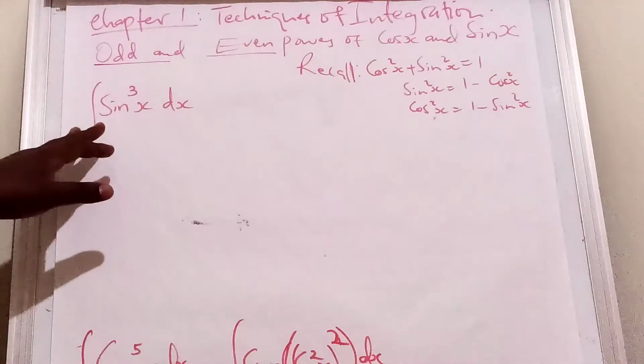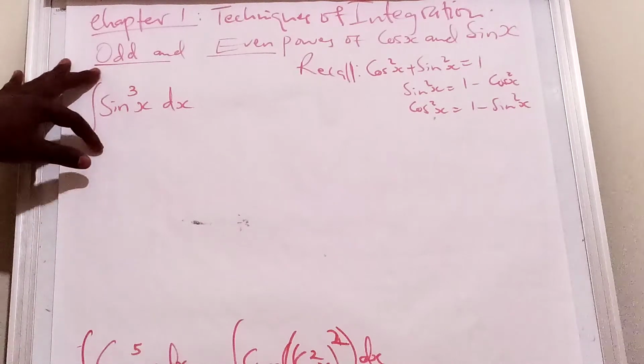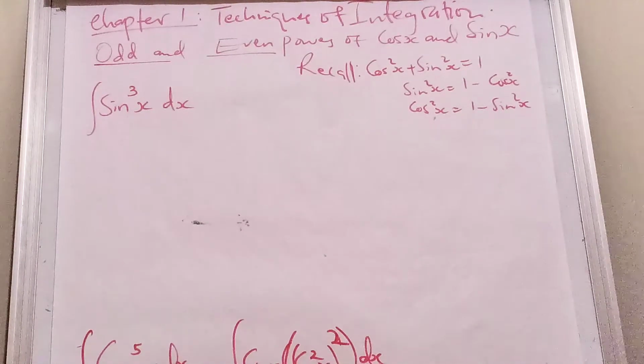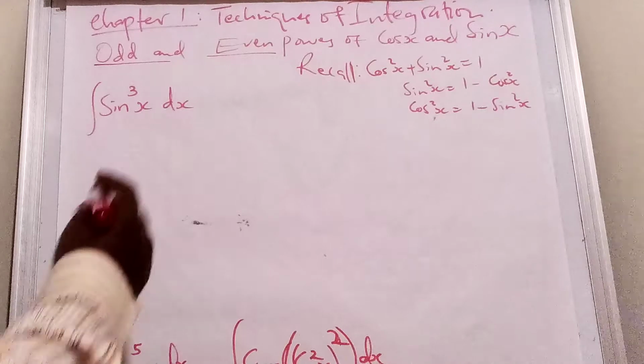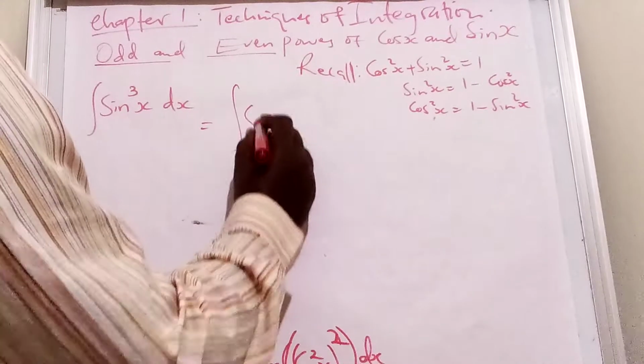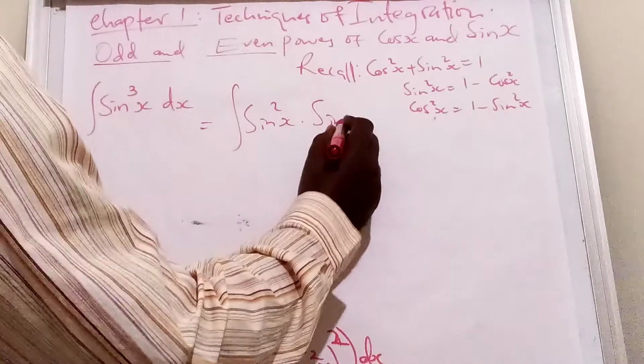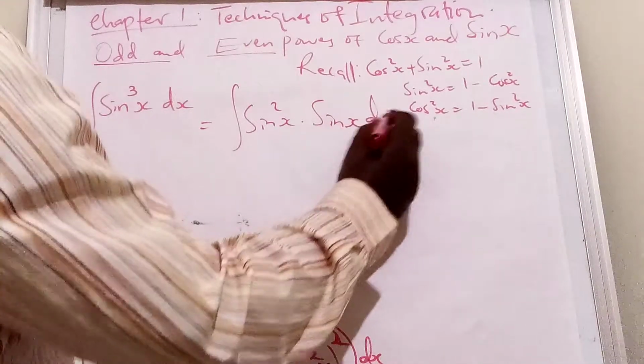So it's pretty easy. If we're asked to integrate, for example, sine to the power 3 of x, we shall express this as sine squared of x times sine of x dx.